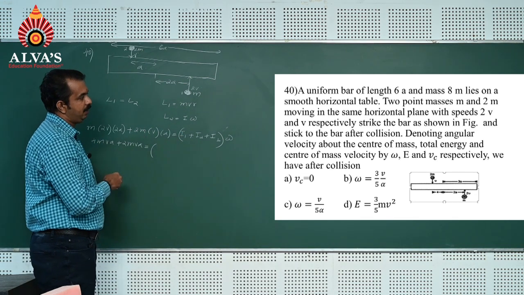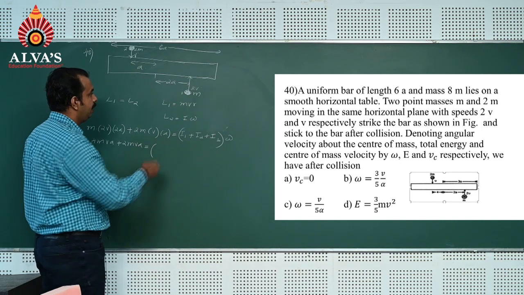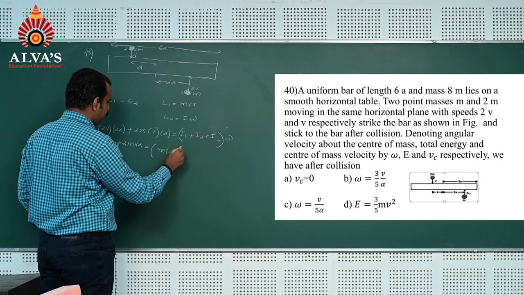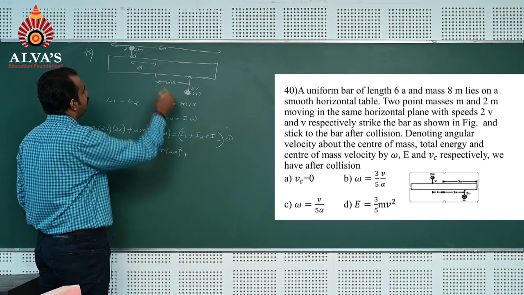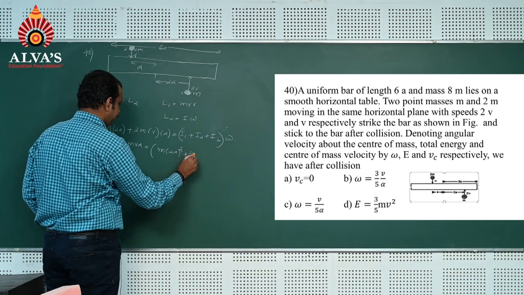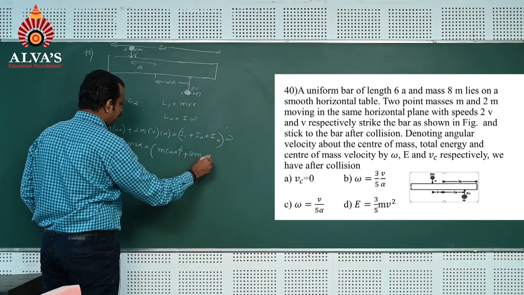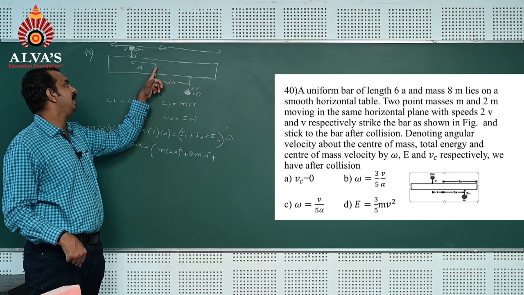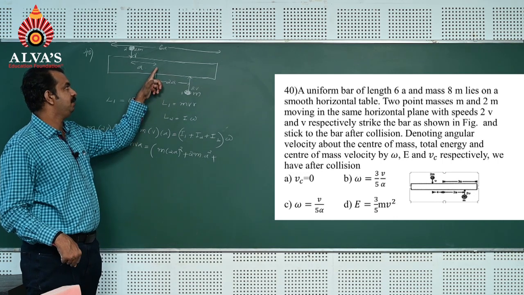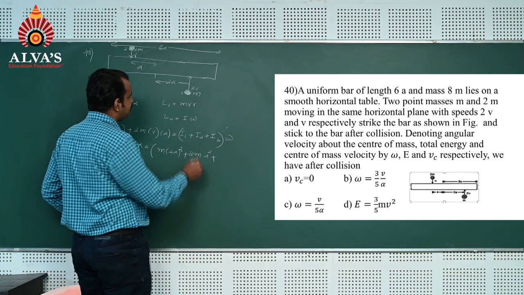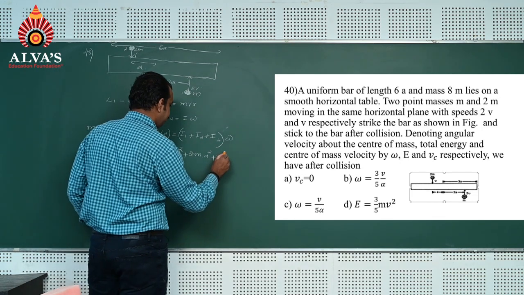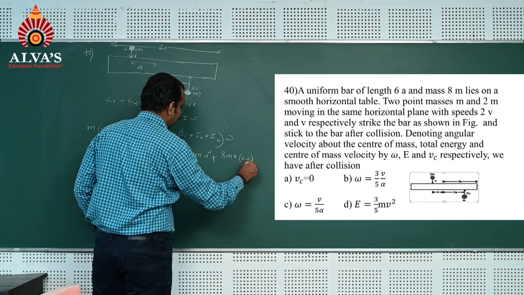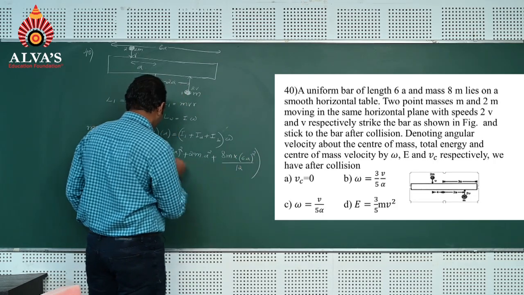moment of inertia of the particle about the axis can be found using the formula mr squared. Mass m at a distance 2a gives m into 2a whole squared, plus the moment of inertia of this particle, mass 2m with perpendicular distance a, gives 2m a squared, plus the moment of inertia of the uniform bar about the axis through its center, which is ml squared by 12. The mass of the rod is 8m, and the length is 6a, so 8m into 6a whole squared divided by 12, into omega.